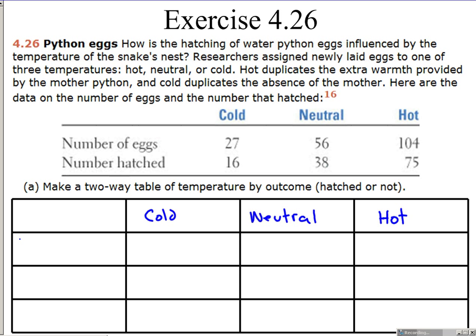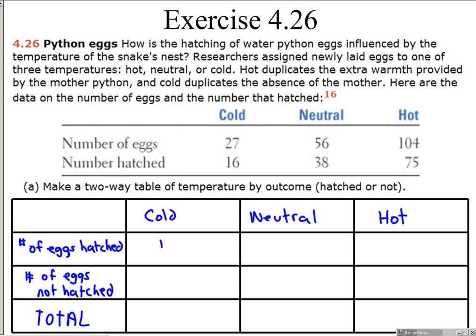They are either going to hatch or they are not going to hatch. And then we can put the total down in this last column.